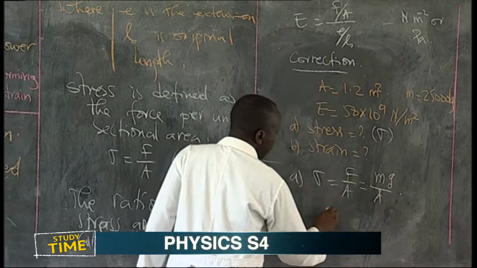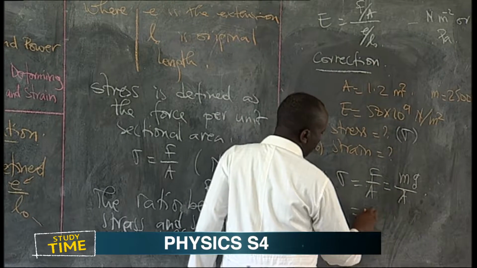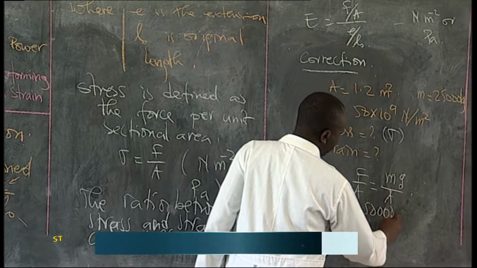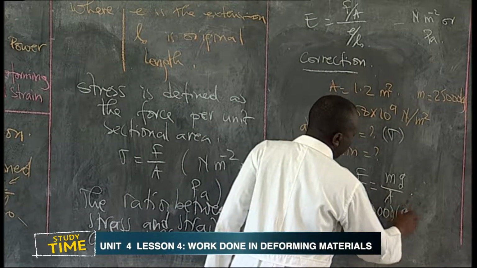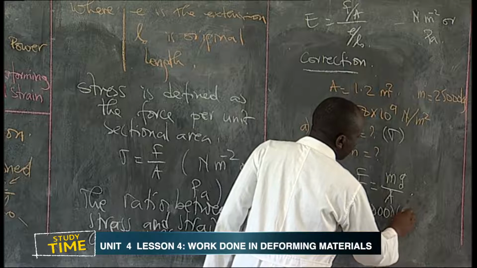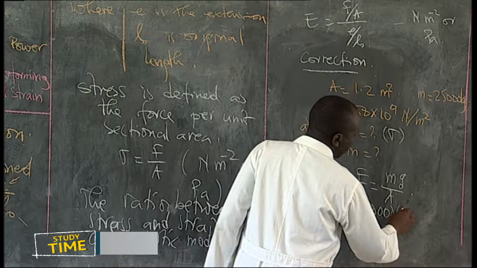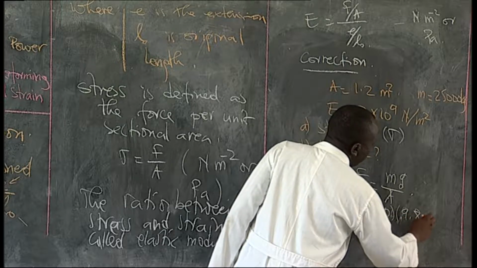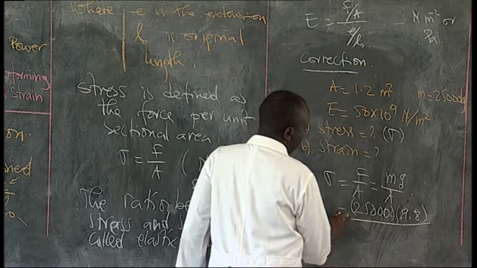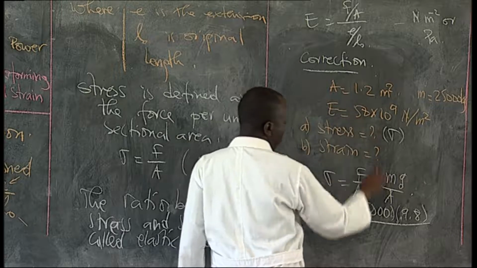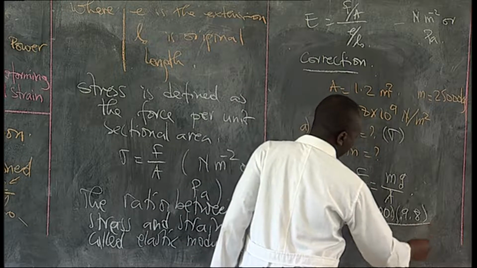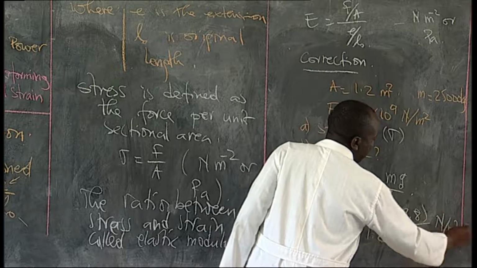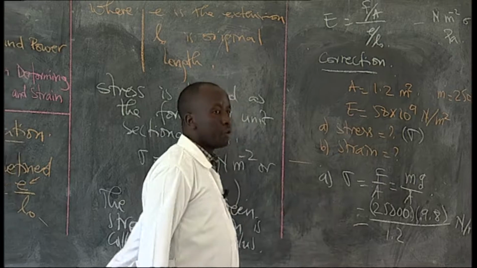Let's substitute: 25,000 times 9.8 over the area, 1.2 meters squared. The unit is going to be Newton per meter squared.